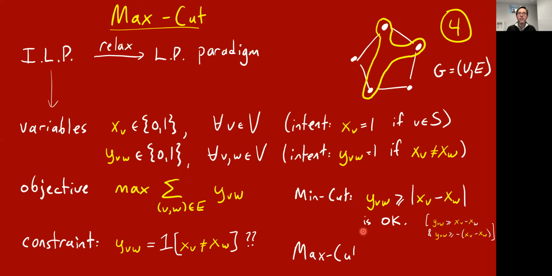On the other hand, in max cut, you're always trying to make the y's as big as you can. You could enforce this if you could write down that yvw is at most the absolute value, because then that would say that if xv and xw get different 0, 1 values, you're allowed to set yvw to be 1. But if xv and xw are the same, then you're obligated to set yvw to be 0.